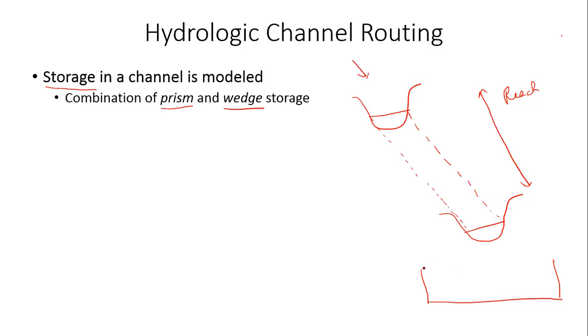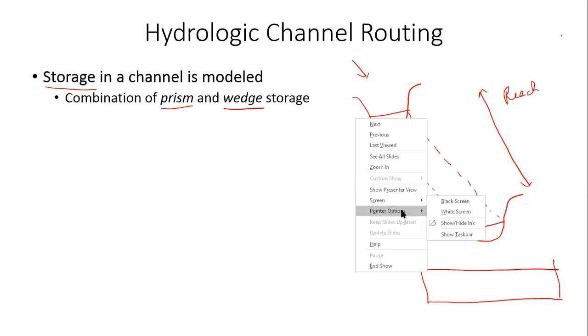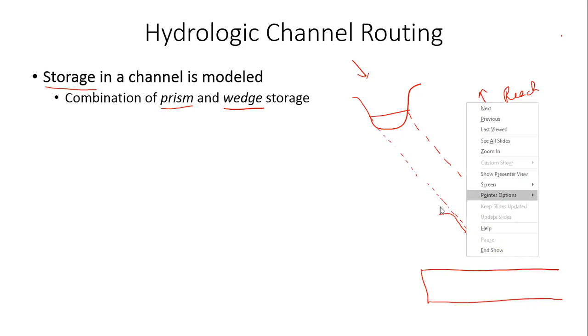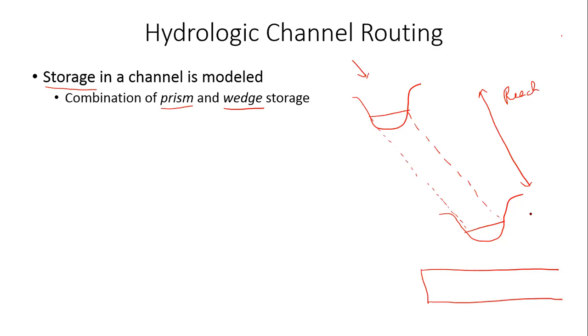This is the bottom of the channel, and assuming that initially the flow is uniform, then I'll get something that looks like this. Now, naturally, when I'm showing it in a cross-section view, it looks like a rectangle, but in reality, I'm really struggling to draw what I have in mind. It's something that looks like this, extended in 3 dimensions.